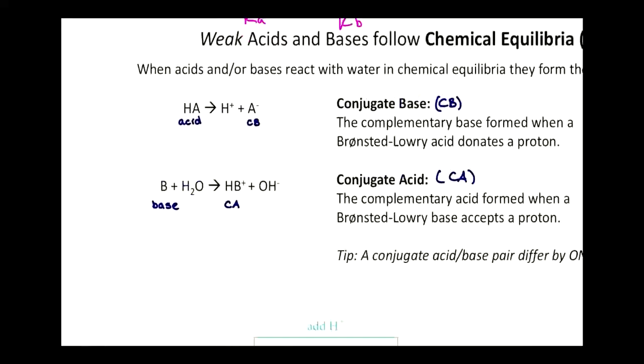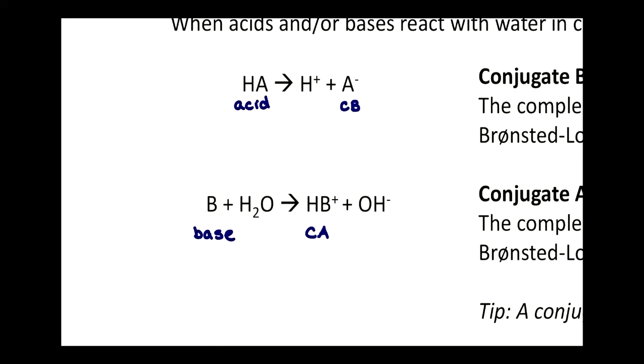All right, when an acid, regardless of whether it's a strong acid or weak acid, is thrown into water, you get H plus and the anion that's left over, regardless of what kind of acid it is. It doesn't matter, they all follow the same general form, right? So there's your acid.